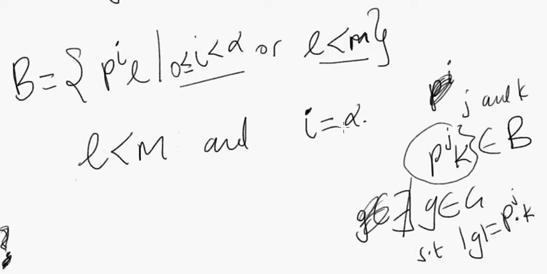Another way of stating this is, perhaps we can have some potential order of an element in B, when in fact there is no element in G which has that order. So just because something is in B does not necessarily mean there is an element of the group whose order equals it, is what we're saying.